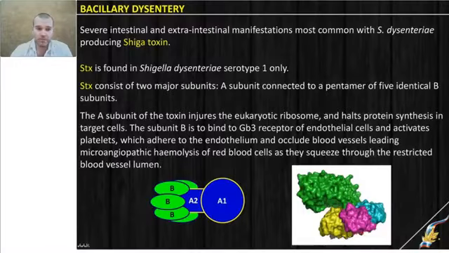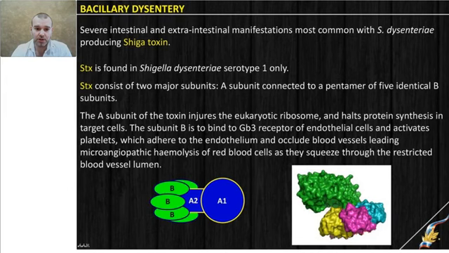But as we already said, some Shigella, Shigella dysenteriae type 1, serotype 1, can produce Shiga toxin, which is a cytotoxin, and the disease will not finish, it will progress.